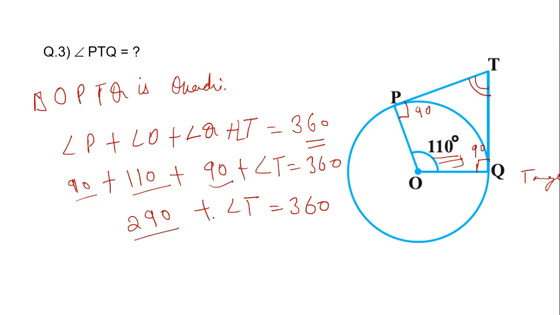So 290 plus T equals 360. So angle T will be 360 minus 290, that is 70 degrees. So angle T, which is angle PTQ, equals 70 degrees.